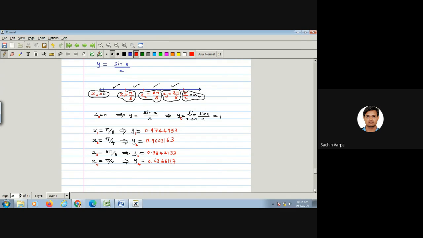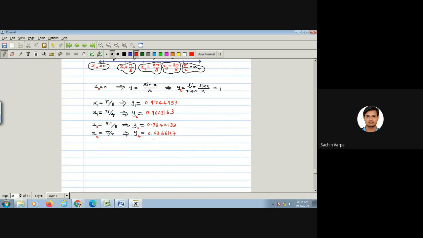Please check these values. So we have the values of ordinates now: y0, y1, y2, y3, y4.